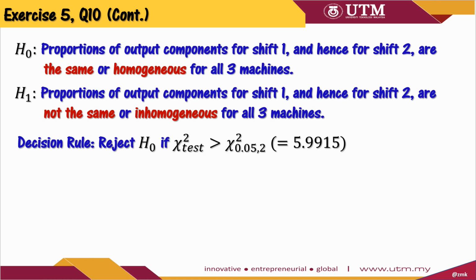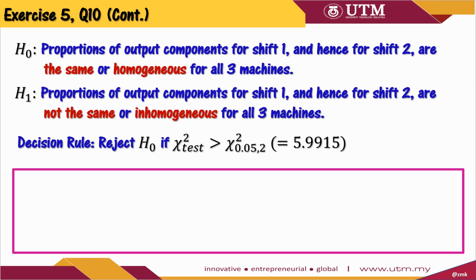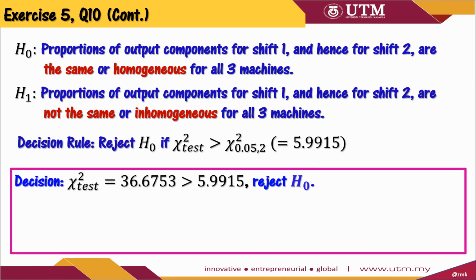Since alpha is 0.05 and nu is 2 minus 1 times 3 minus 1, which is 2, then the critical value is chi-squared 0.05, 2 given by 5.9915. Since the chi-squared test statistic value was calculated to be 36.6753, it is obviously far larger than the critical value.